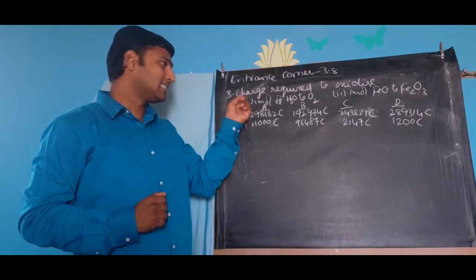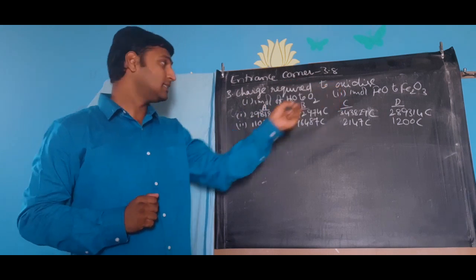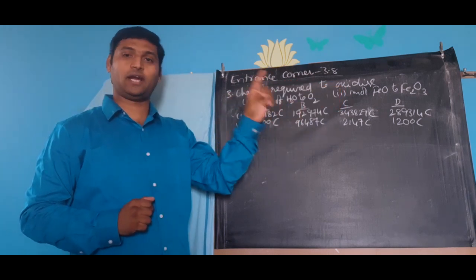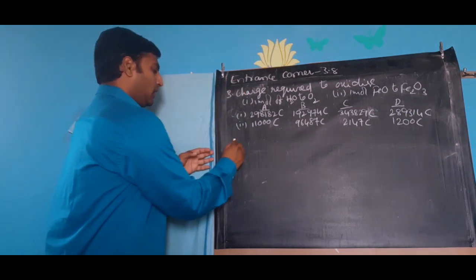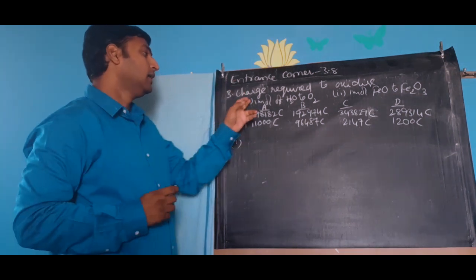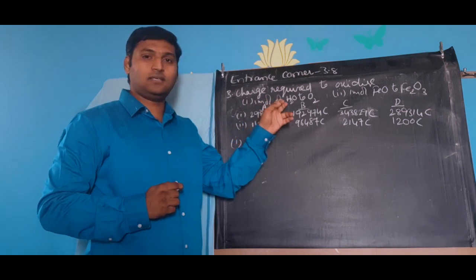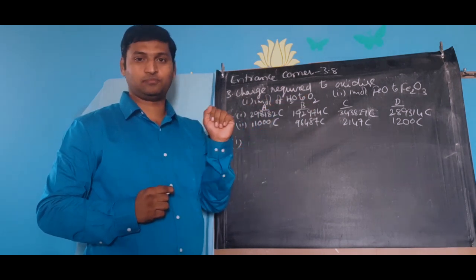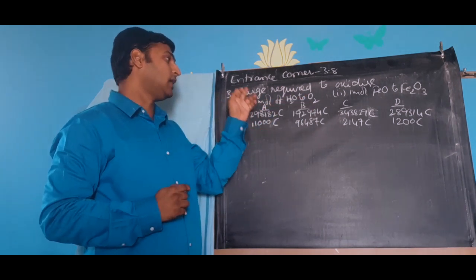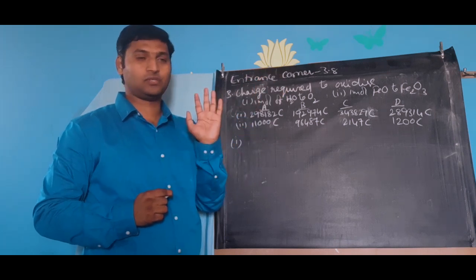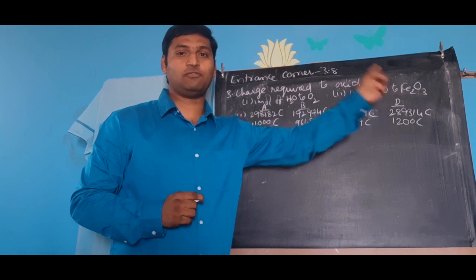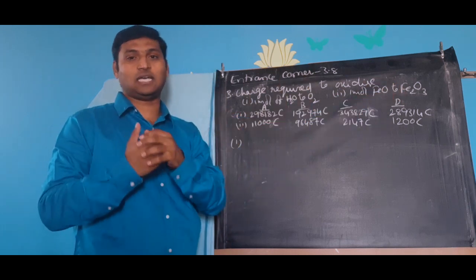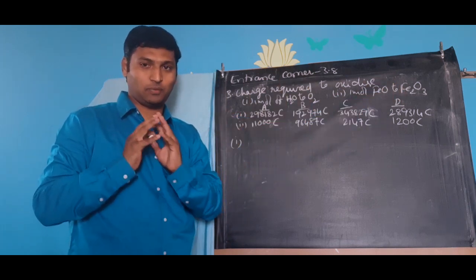Now, he is giving the quantity of the substance and he is asking the charge required for that reaction to happen. Now, the first one out of the two problems, 1 mole of water has to become oxygen. For that, how much of charge is required? Second question was 1 mole of ferrous oxide to become ferric oxide, how much charge is required? This is the question. Now please understand.